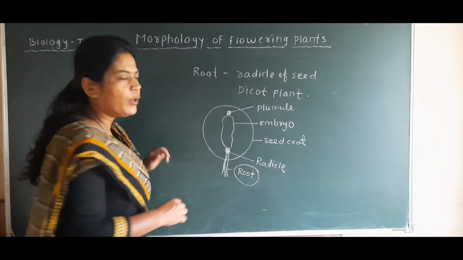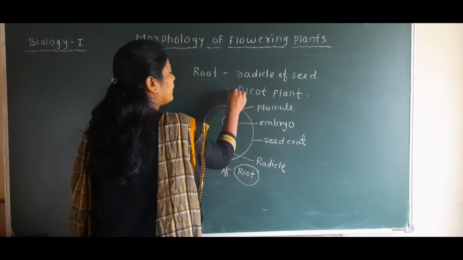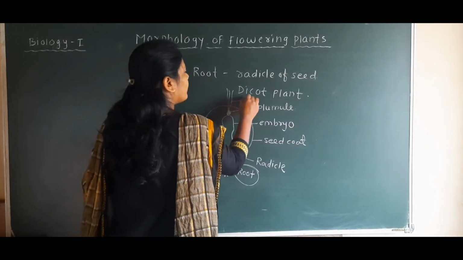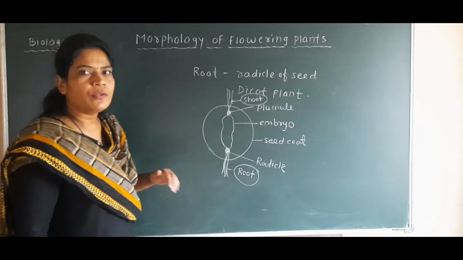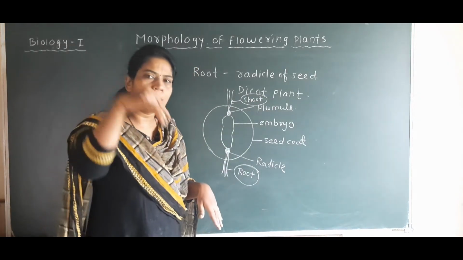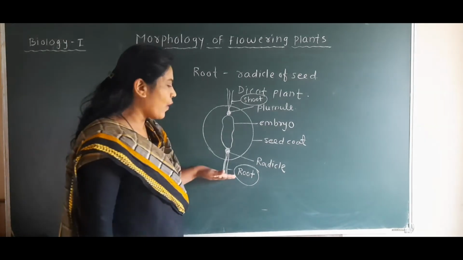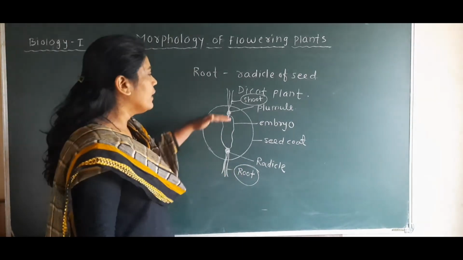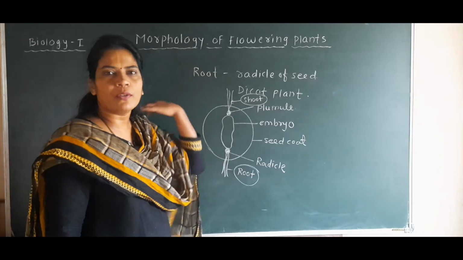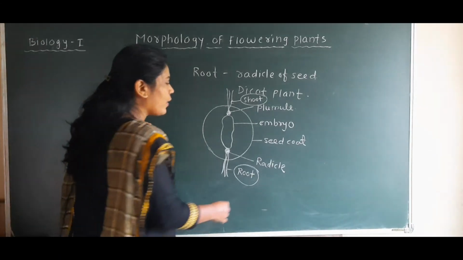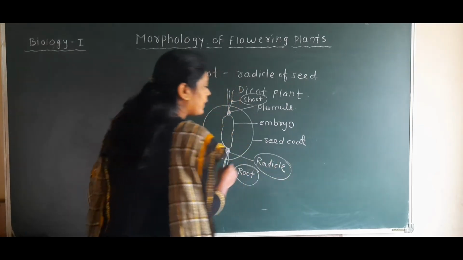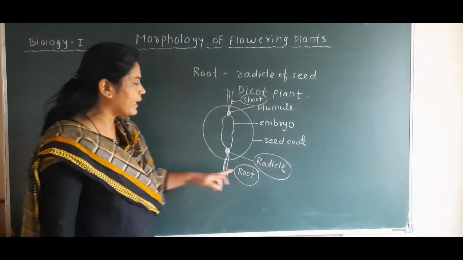while from the plumule part there is development of the shoot. Okay, so the radicle part grows below the soil and forms the root, while the plumule part grows above the soil and forms the shoot. Here you have to concentrate on this radicle part only, because the trick is very important.